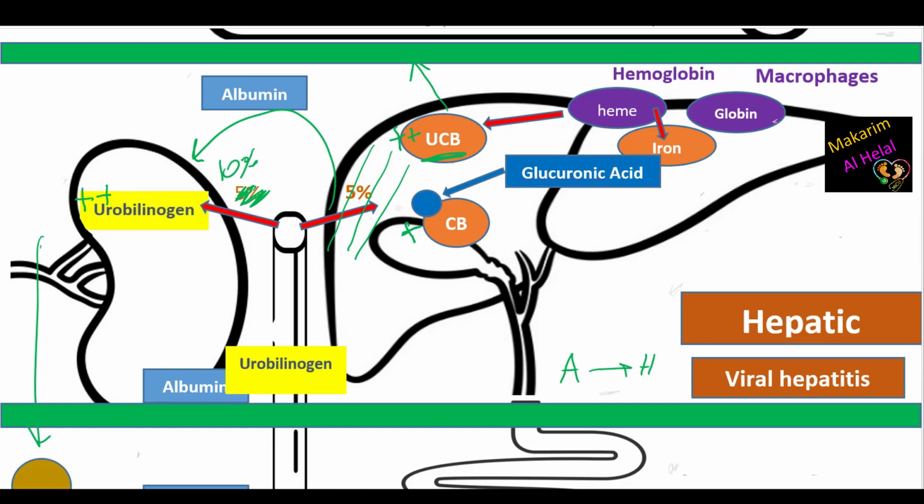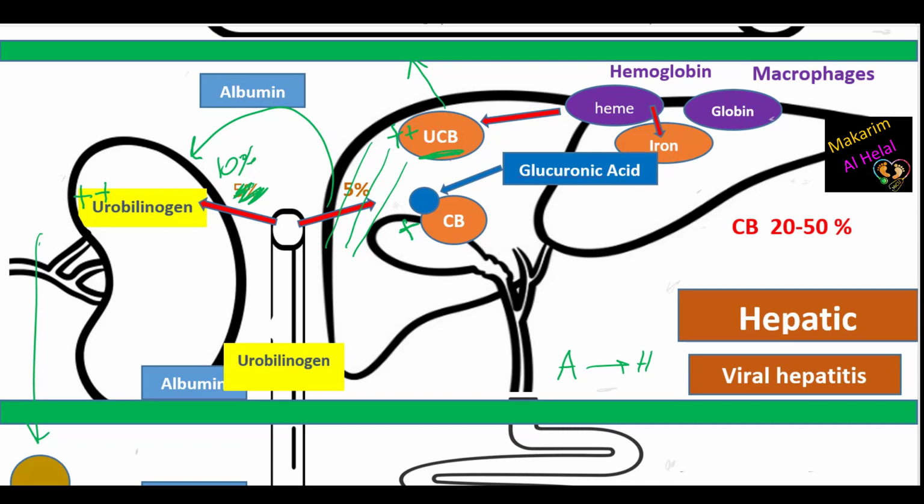Conjugated bilirubin in hepatic jaundice is from more than 20 to 50%. Why more than 20 to 50%? Since the hepatocytes are inflamed, there is leaking of conjugated bilirubin from hepatocytes to the blood.